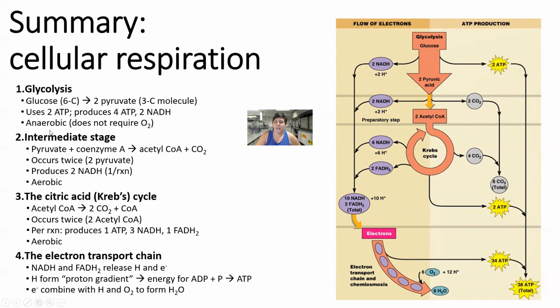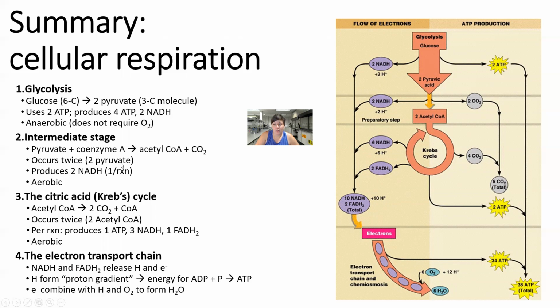We then had the intermediate stage, which took those 2 3-carbon pyruvates, added a coenzyme, broke a bond and generated acetyl coenzyme A. Because 1 carbon was broken off, we bound that carbon to an oxygen and generated carbon dioxide.